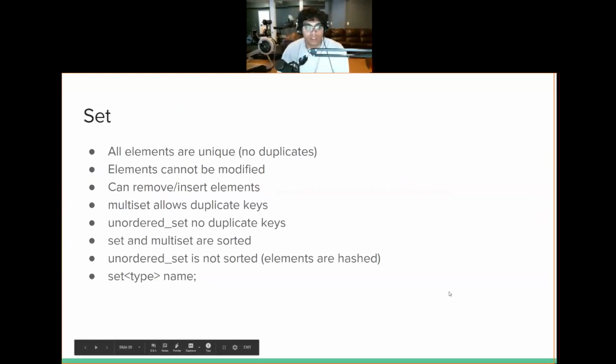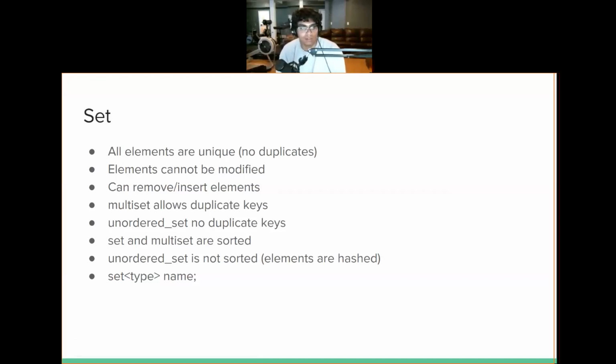Now we're going to talk about sets. So some unique aspects about sets are that all the elements are unique. So there can't be any duplicates, and elements cannot be modified. However, if you want to get past this, you can remove and insert elements. And I talked about it before. There are also things called multisets and unordered sets, and they're a little bit different. So multisets are different because they allow duplicate keys.